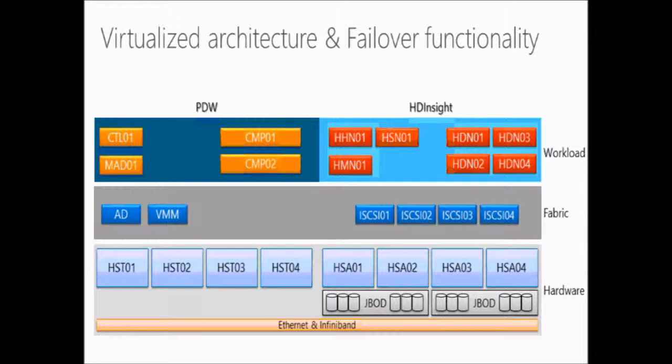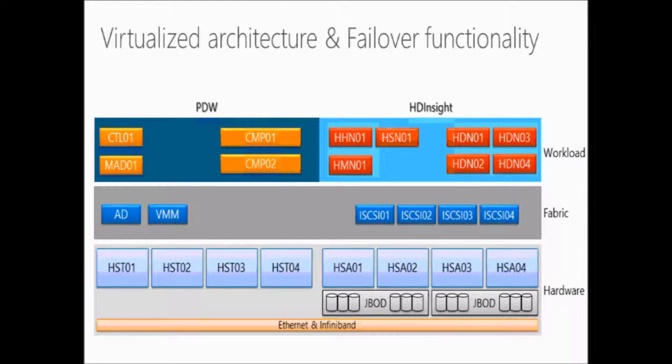Let's see, we have, as I said, Ethernet and InfiniBand network, and on top of it, we also have our storage. We are using JBOD, and we have storage attached servers. For example, this is a hardware representation of a half rack.